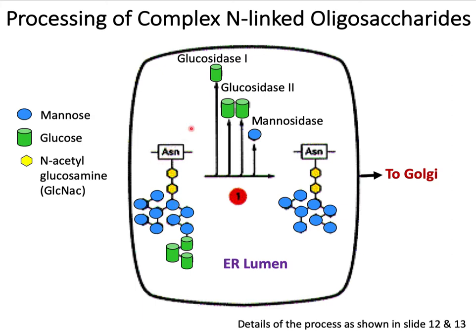Then you have an enzyme, glucosidase 1, right here, which removes one glucose residue. You have a second enzyme, which is known as glucosidase 2, which removes two additional glucose residues. And then you have a mannosidase that removes a mannose residue while in the ER.